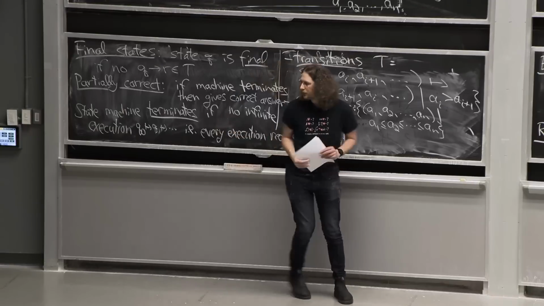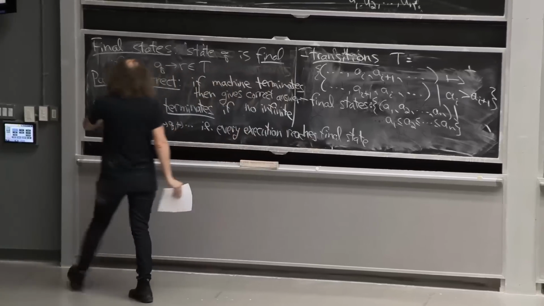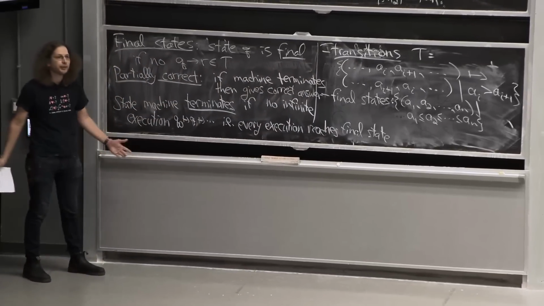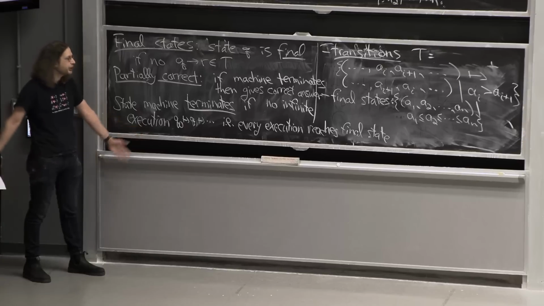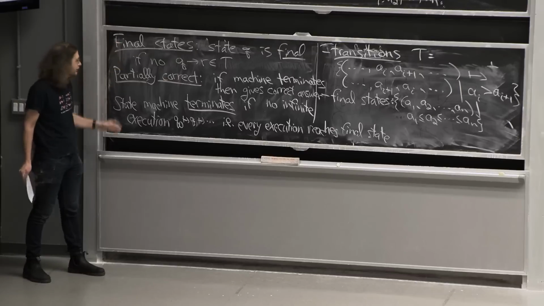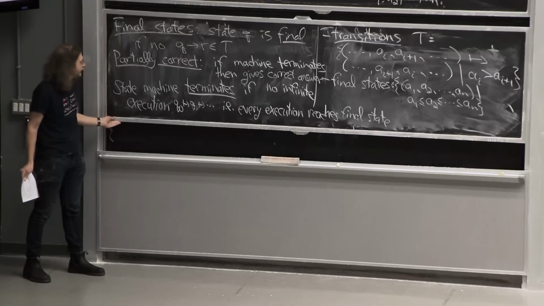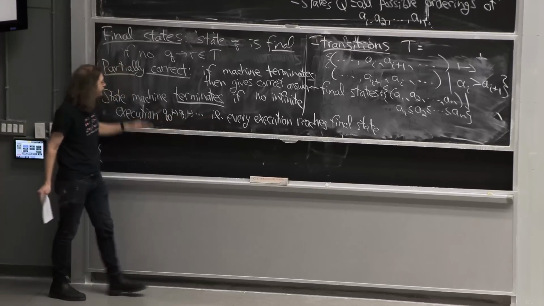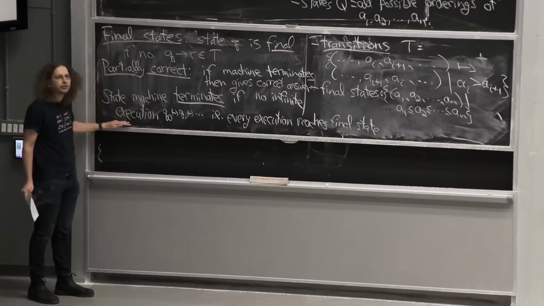Okay. Terminate means we're going to say a state machine terminates, or really what we mean is it always terminates. No matter how you execute this machine, it stops. And the only way it can stop is that it reaches a final state. If you think about it for a second, the definition of execution was a sequence of transitions. And so terminate says there's no infinite execution.